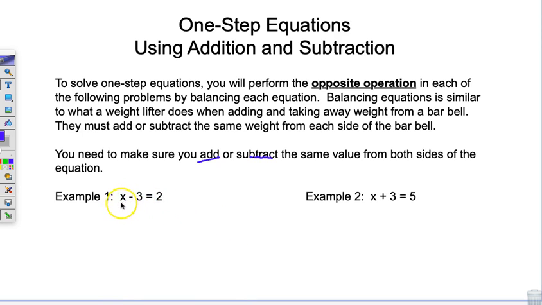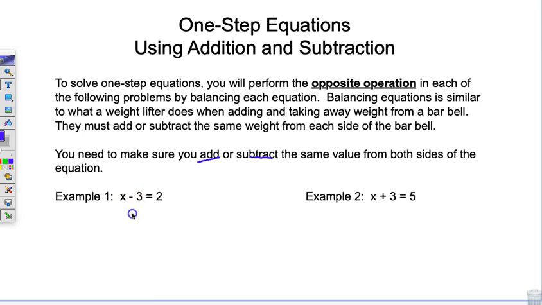In example 1, x is our variable, and we are subtracting 3 from that amount to get 2. So when I say we're going to do the opposite operation, right here my variable is x, and I am subtracting 3 from that x. Well, the opposite of subtraction is addition.